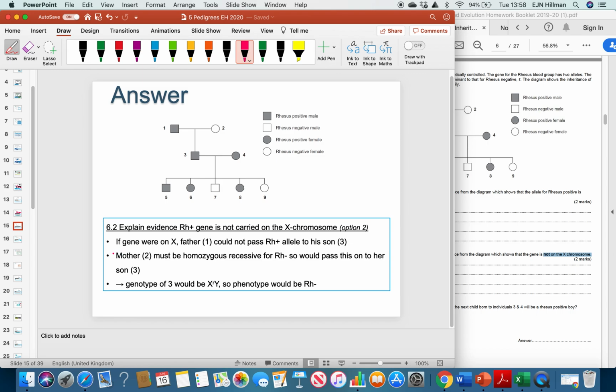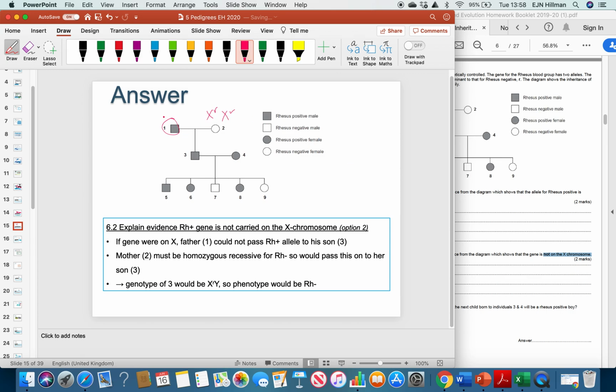So the second option for that, and I think I've explained both of these, if the gene were on the X, father 1, oh no, haven't explained that. Father 1 could not pass the rhesus positive onto his son. Yeah, that's another good point. Here, if this female is rhesus negative, if it were sex-linked, she would have to be homozygous recessive.